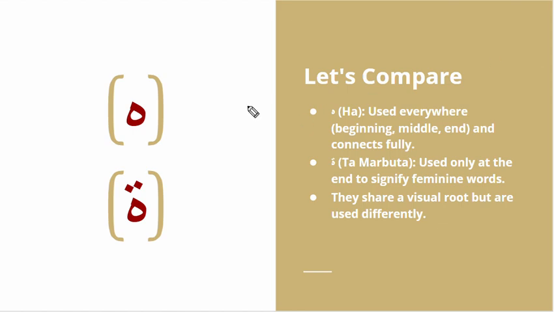As we can see, in the standalone shapes, they are exactly the same except for the dots. Ha is always ha. Ta marbuta is sometimes ha, sometimes ta.